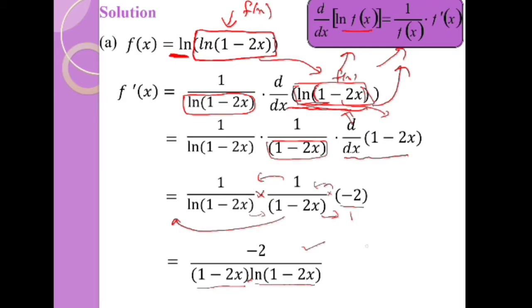Why don't we write the logarithm of 1 minus 2x next to 1 minus 2x? Because you will definitely make this mistake where you might combine this as squared. And that's wrong. Why? Because this 1 minus 2x is not a logarithm function. It is just a linear factor. So you cannot combine it with the function of this log.